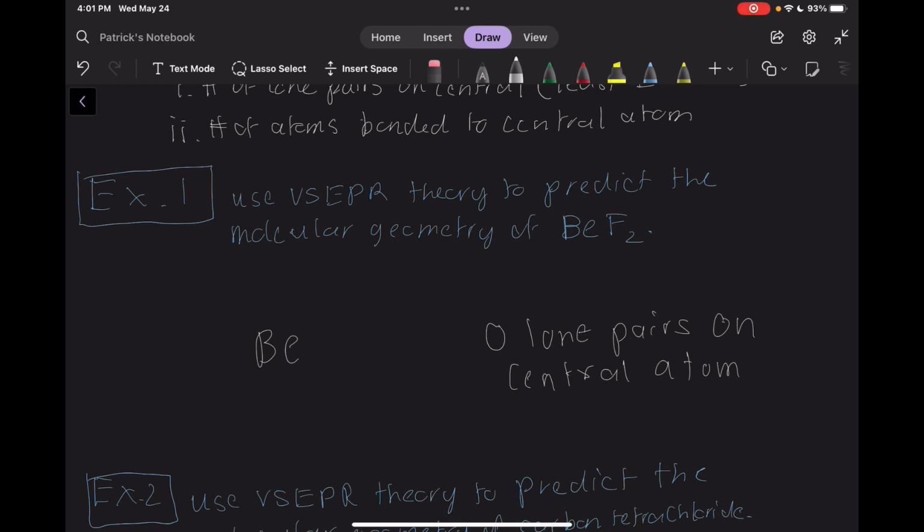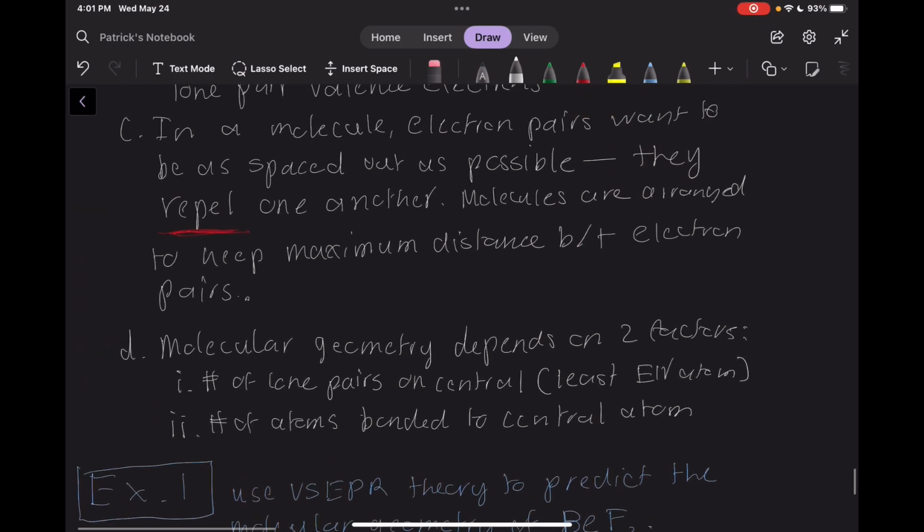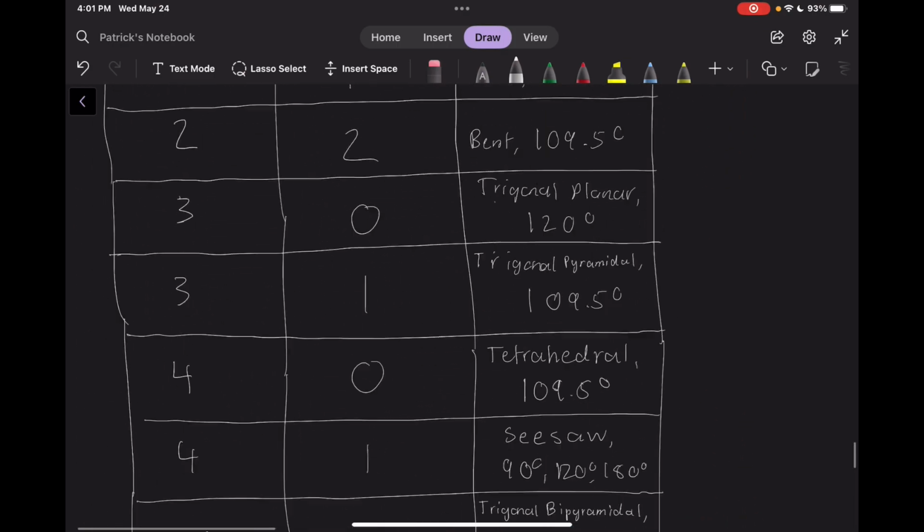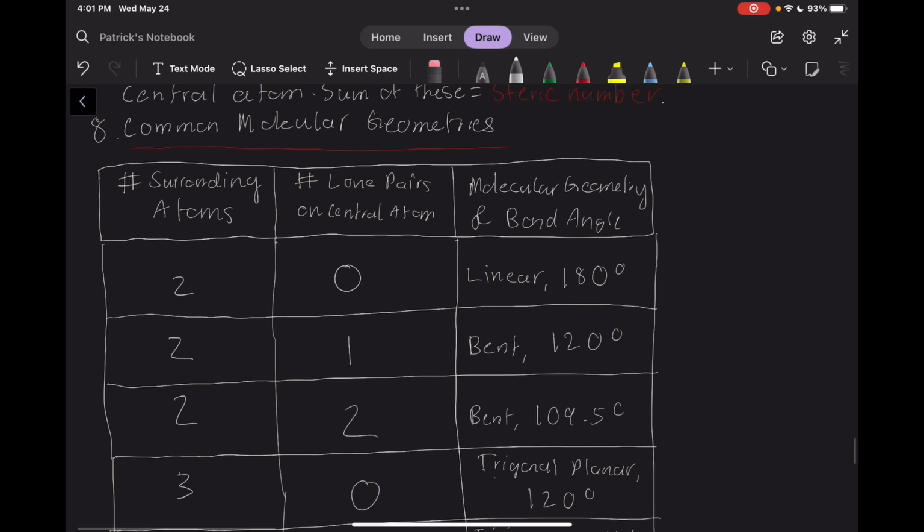We only care that both fluorine atoms are bonded to our central atom. So then, we have a molecule with 2 surrounding atoms, and 0 lone pairs on the central atom. From our table, we see that beryllium difluoride has a linear molecular geometry.